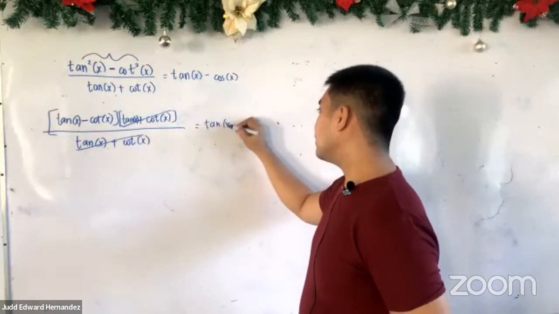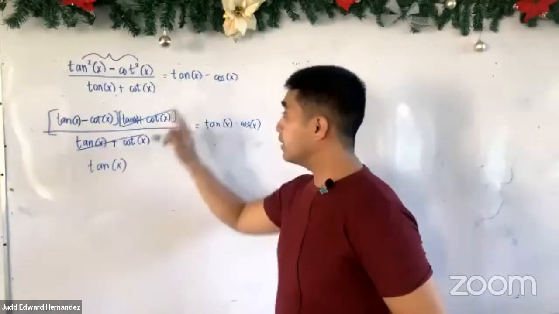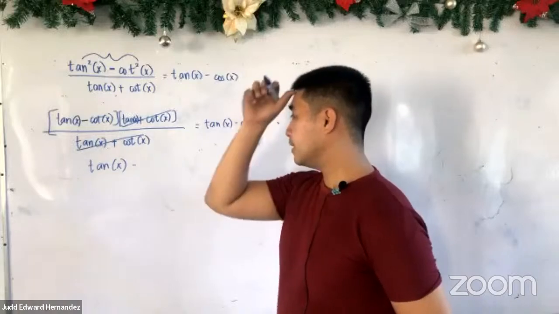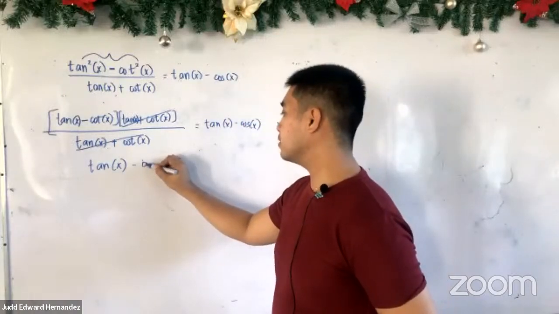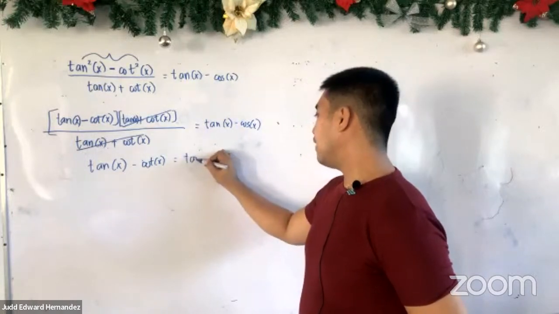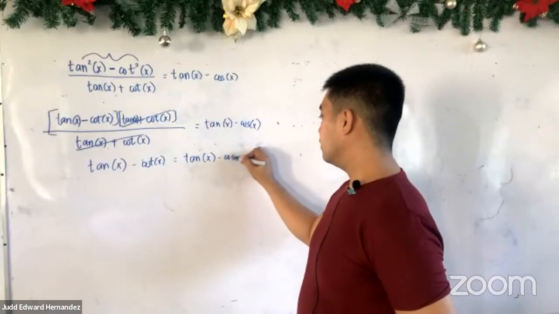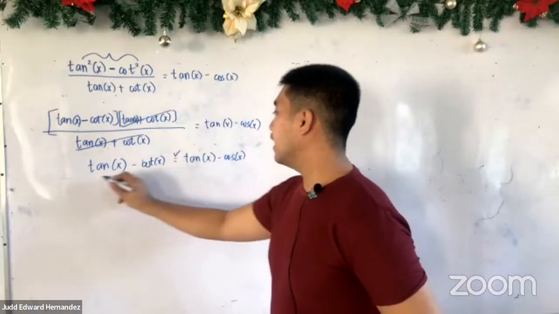And is this equal to the right side? Opo. Therefore, we could say that this given, the end part is tangent of x minus cotangent of x, which can be both found on the left side and on the right side. Therefore, this given is an identity.